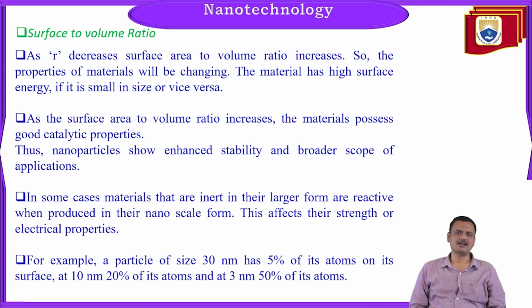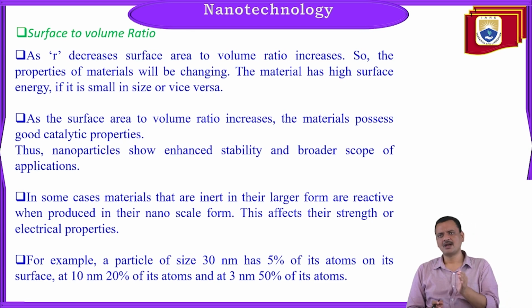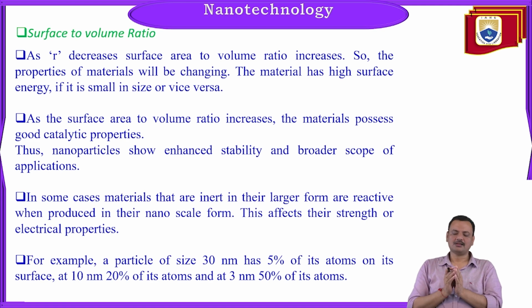For example, a particle of size 30 nanometer has 5% of its atoms on its surface. At 10 nanometer, 20% of its atoms, and at 3 nanometer, 50% of its atoms are available at the surface. Means once you are moving from bulk to nano, the available number of atoms at the surface is increased, so they will be more reactive.